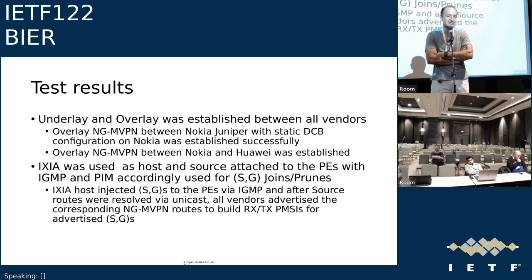They had BIER support in Wireshark, a BIER PCAP, they could actually decode it, and we saw that when the next protocol was 2, IXIA was decoding the BIER packet perfectly, showing that the next header is IP with the S,G, going all the way to the payload.